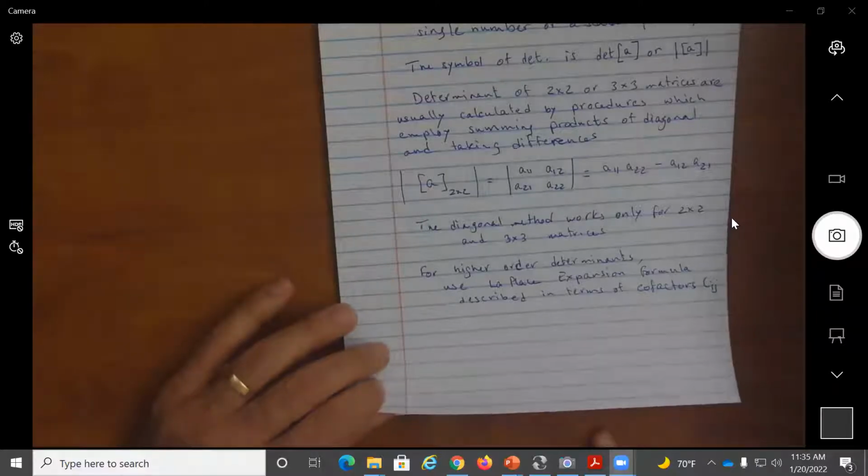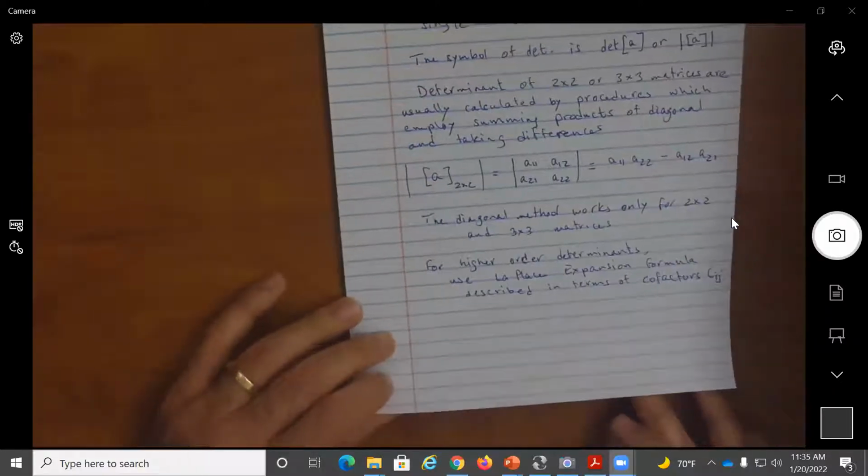In order to get to cofactors, I would like first to introduce minors.